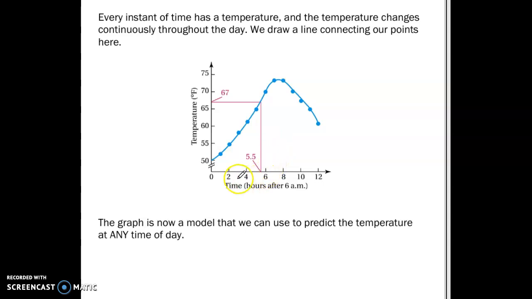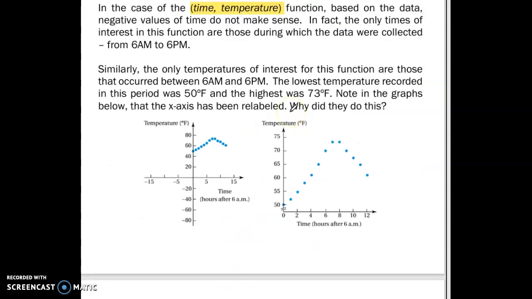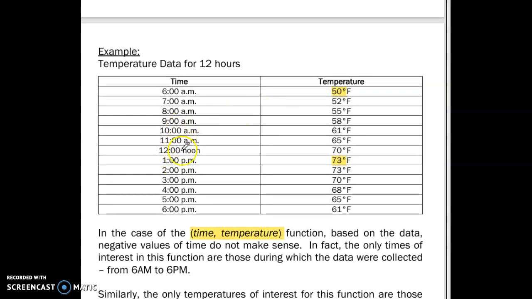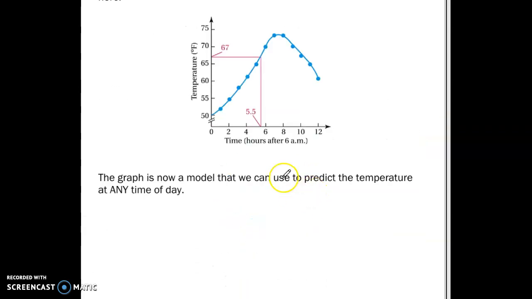So if you say, what is 5.5 hours since 6 a.m., well, that would be 11:30. What temperature is it at 11:30? Here we can see it should be between 65 and 70. And with the graph, we can kind of see that. If you have graph paper and an accurate description, you can see that it would be 67 degrees.